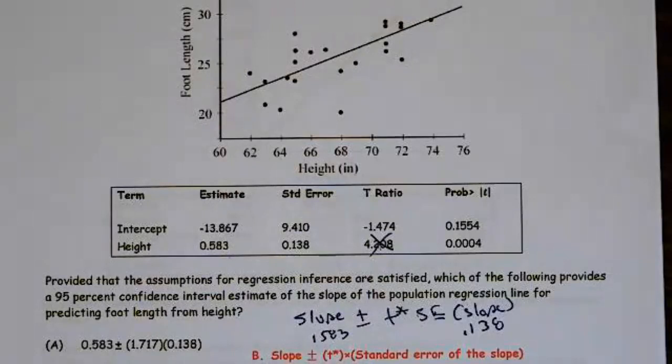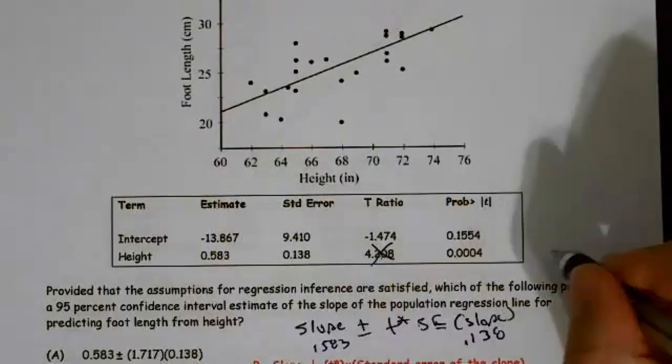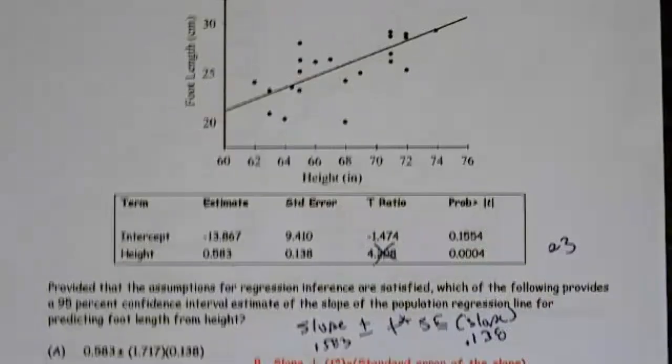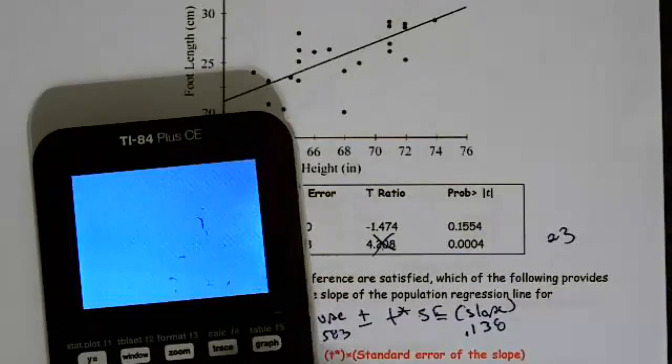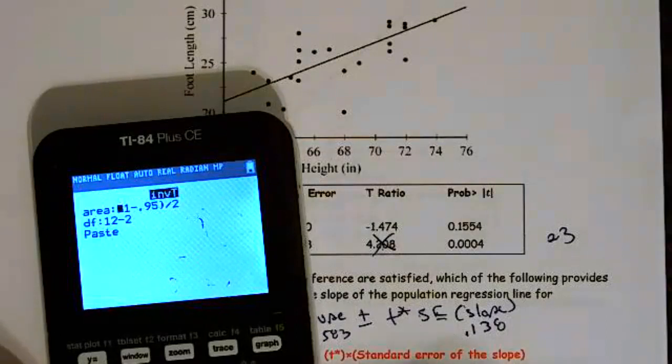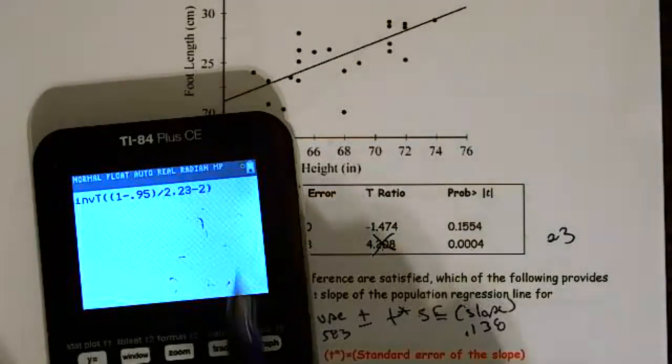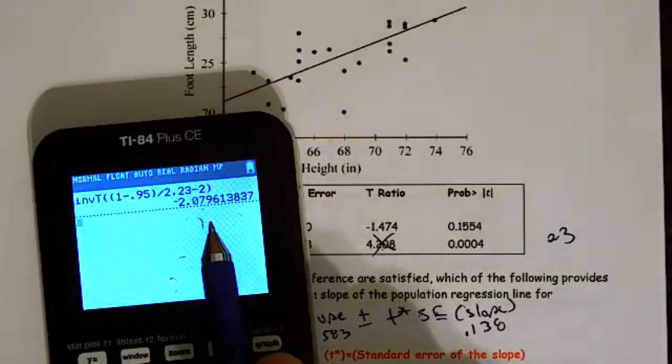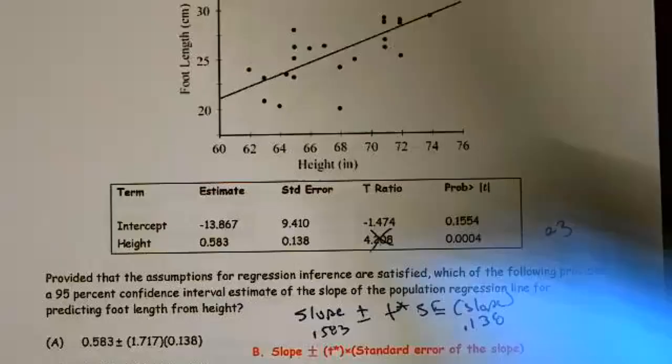I have to go calculate t star. Well, what was my sample size? It was 23, because that's going to be important. So, second vars, inverse T, 1 minus 0.95, and my degrees of freedom are 23 minus 2 for regression. So 2.079.